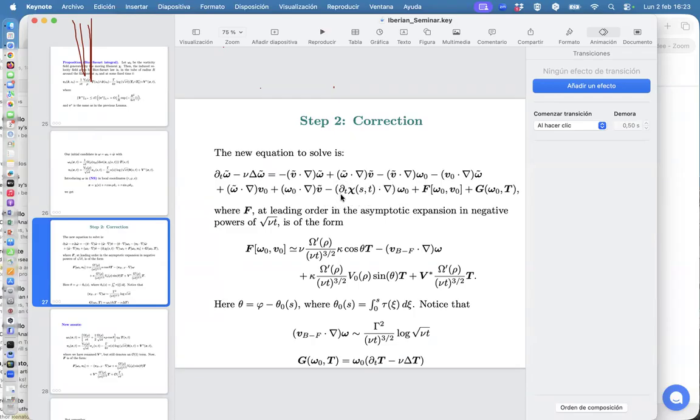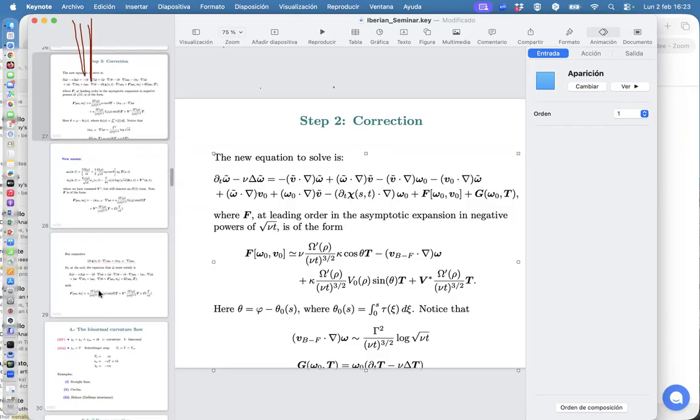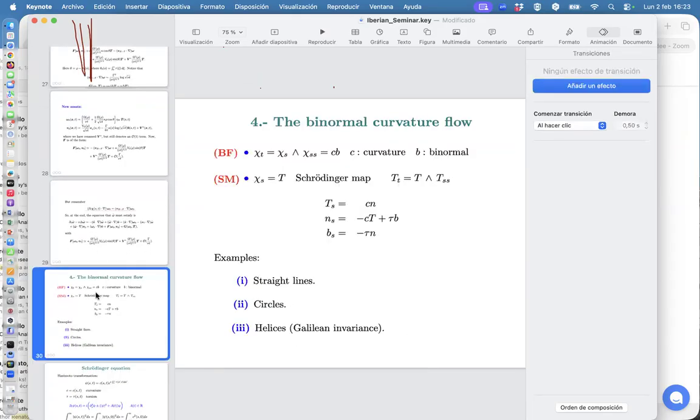This term has to be cancelled with the one given by V0 gradient. So the leading order of this term is cancelled with this one, and thanks to this cancellation, you are able to follow the Giga-Miyakawa procedure.